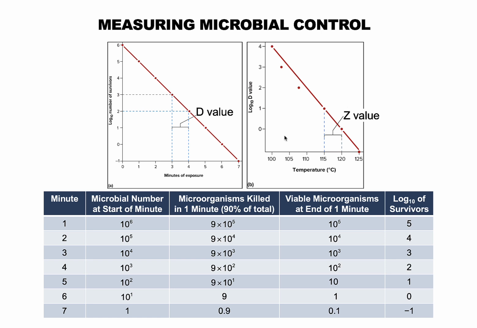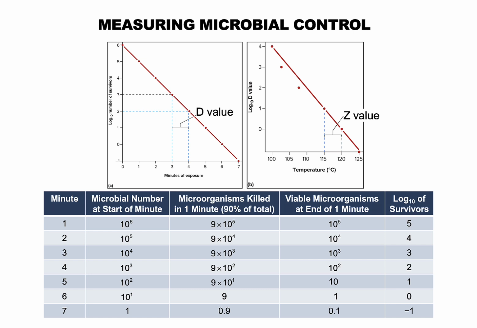The Z value represents the temperature change, increase in degrees Celsius or Fahrenheit, required to reduce the decimal reduction time by a factor of 10, which decreases the microbial population by 90%, essentially indicating the organism's thermal resistance.